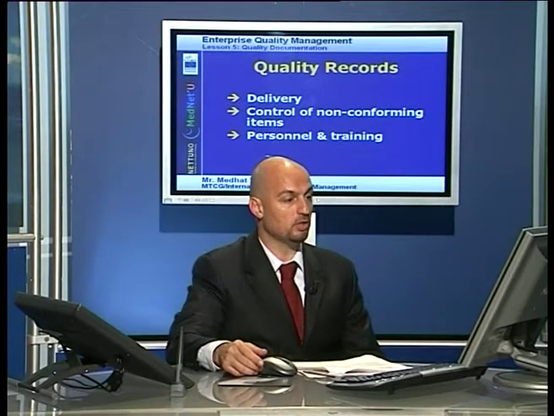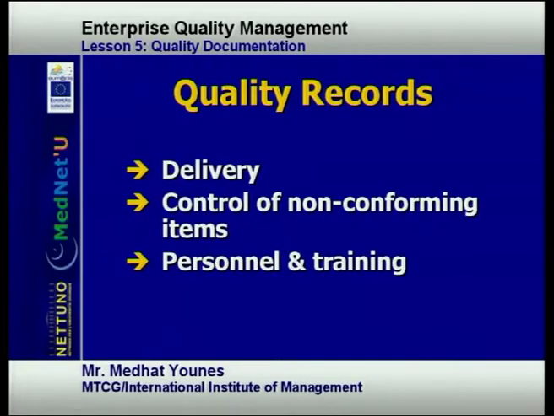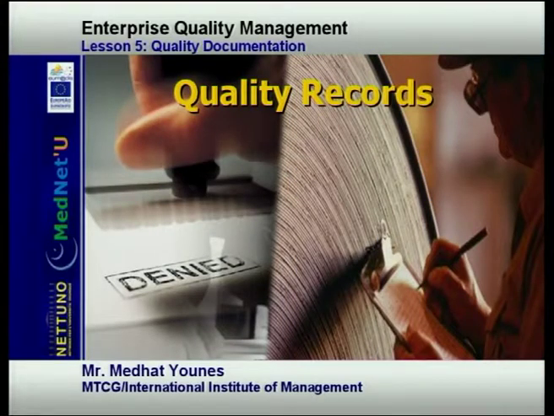For control of non-conforming items, the section should describe procedures that are defined and implemented to ensure that items that do not conform to specified requirements are tracked separately so they are not released accidentally or put into unintended use.